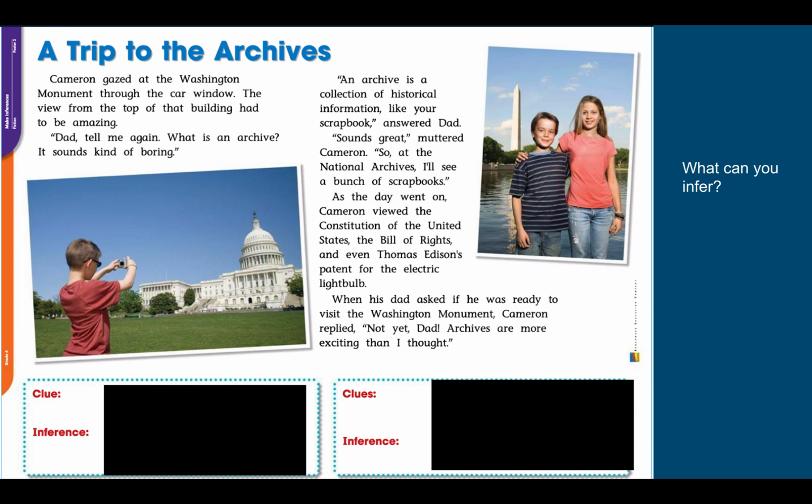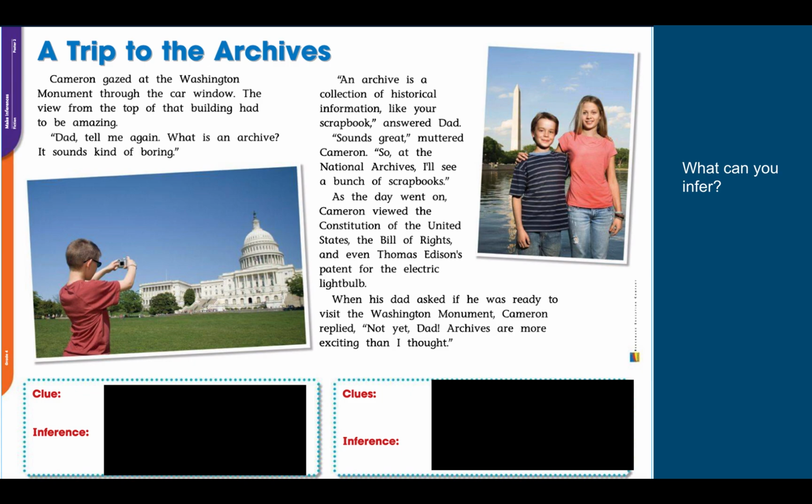Okay, here we go. A trip to the archives. Cameron gazed at the Washington Monument through the car window. The view from the top of that building had to be amazing. "Dad, tell me again, what is an archive? It sounds kind of boring." "An archive is a collection of historical information, like your scrapbook," answered Dad. "Sounds great," muttered Cameron.